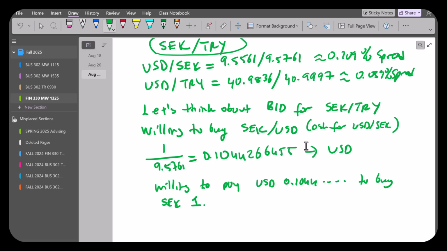So I'm going to buy 1 Swedish krona, but I need to pay 0.1044 whatever US dollars, right?